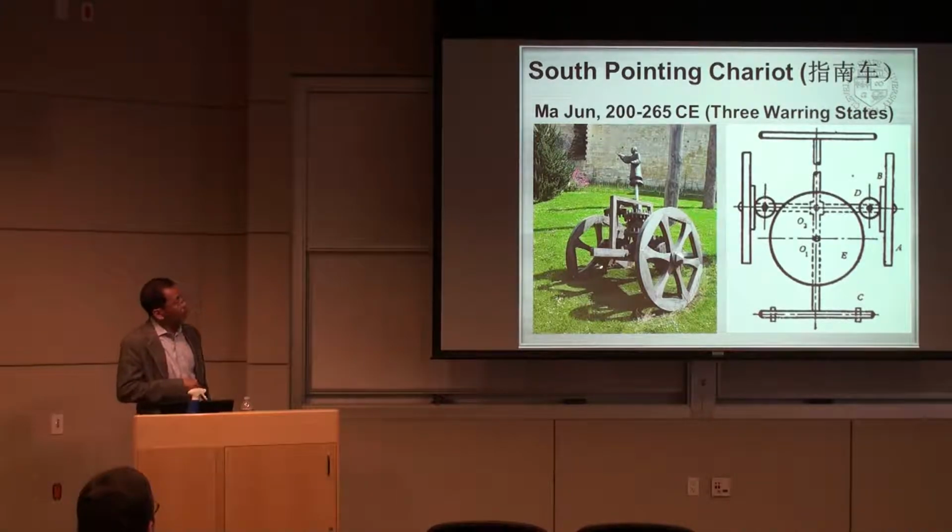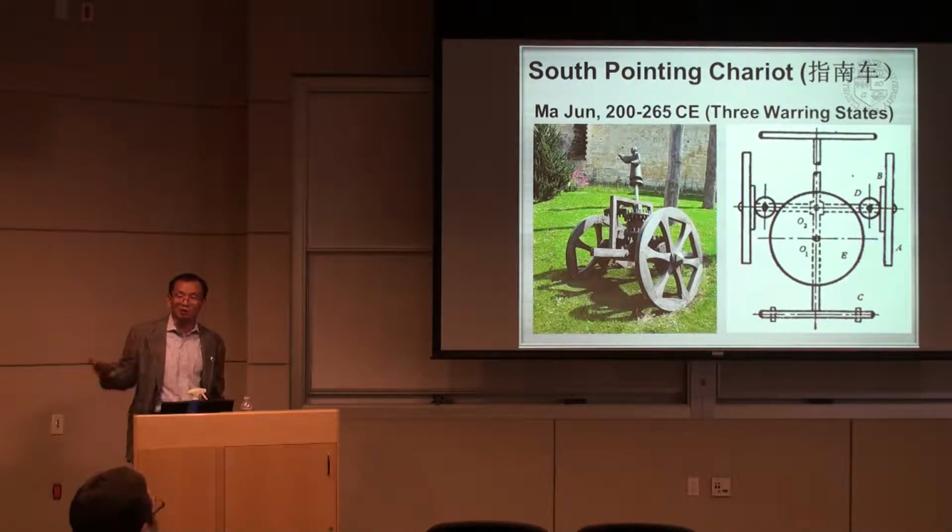And the record is this: you build a chariot, and you have a pointing figure on top of it. What you want to do is to make sure that this pointing figure points in the same direction, no matter how the chariot turns. So the army knows the direction, or the direction home. Right? And they built it.